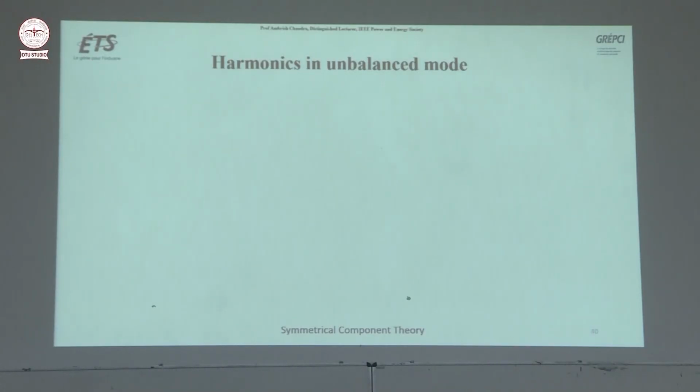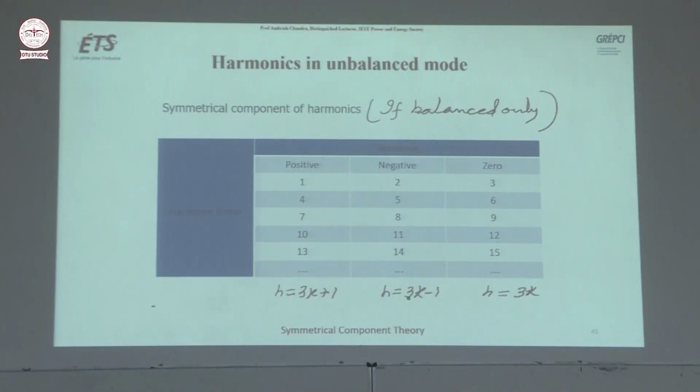And finally, what you can do, you can make a table. Sequence of the harmonic, harmonic order 1, 2, 3, 4, 5, 6, 7, 8, 9, 10, 11, 12, 13, 14, 15. So this is how you can write the table, and you can see which harmonic is positive sequence, which harmonic is negative sequence.